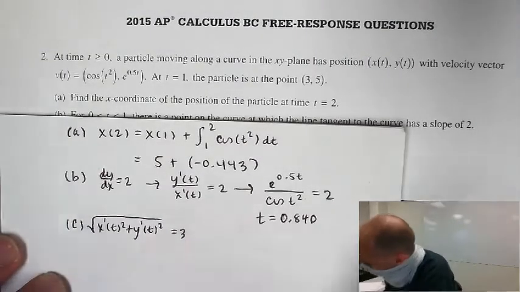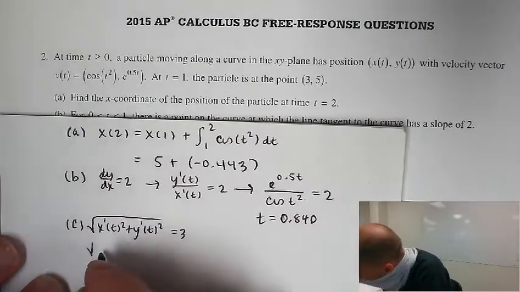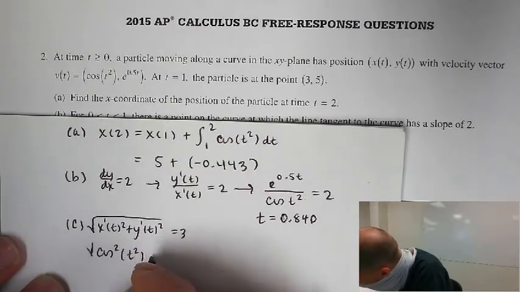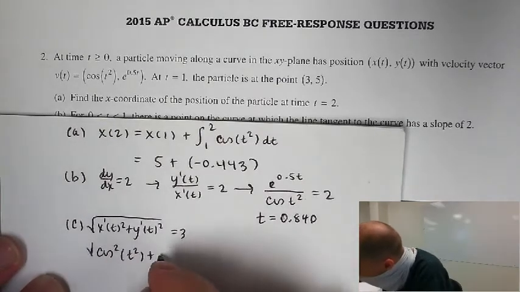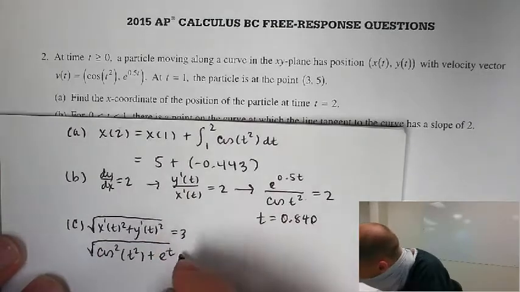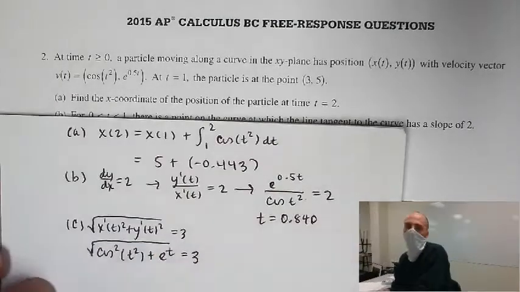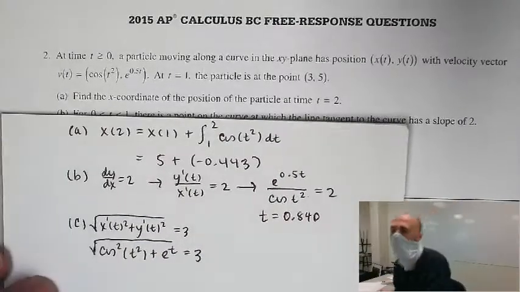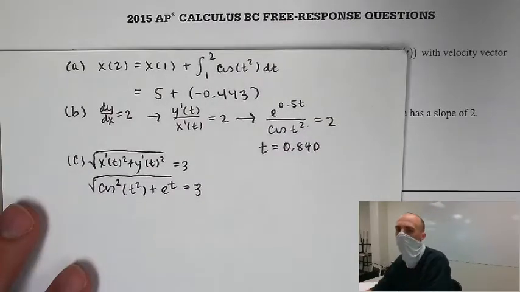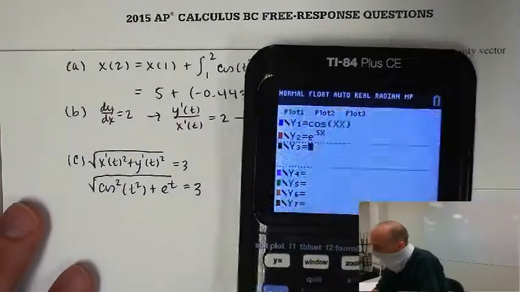You could call this cosine squared of t squared plus e to the t equals 3. I'm going to do it to be safe, because I'm at 12 minutes, 30 seconds, and you have 15 minutes for each of these on average. So I'm doing fine on time.